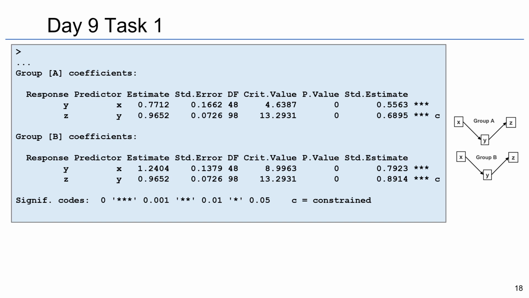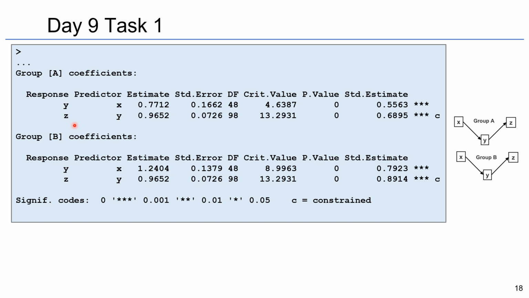And next, the output is the coefficient tables for each group. So values that have been constrained are the same between two models and are indicated with this letter C here. So you can see that they are totally the same across groups because they are constrained to the entire global data set, and the interaction for the Z variable was removed from the submodel.